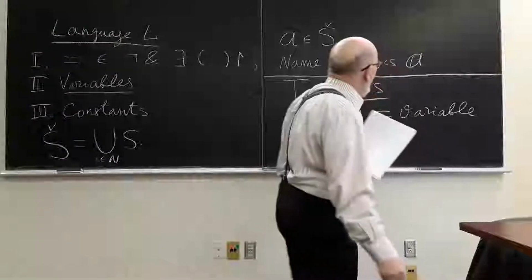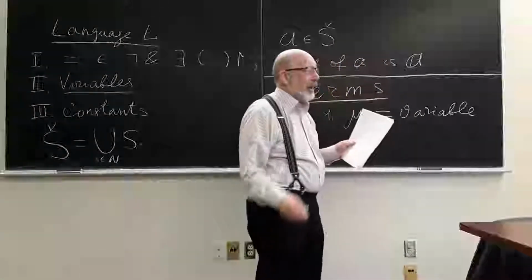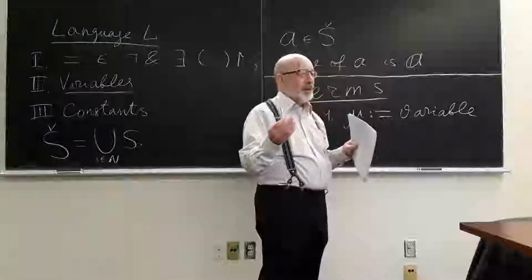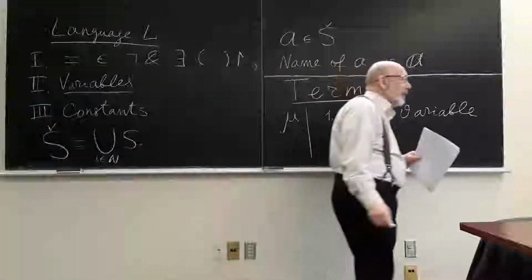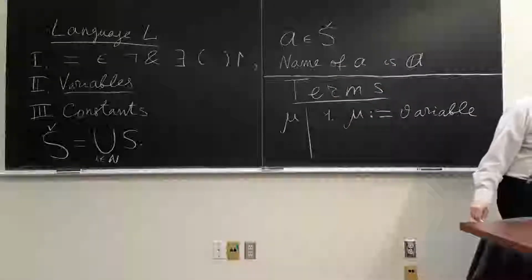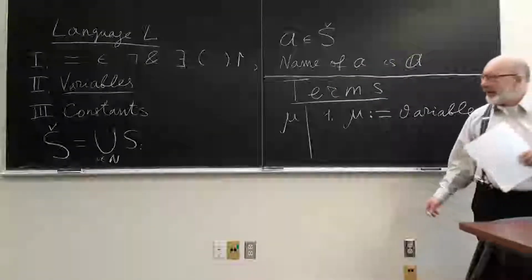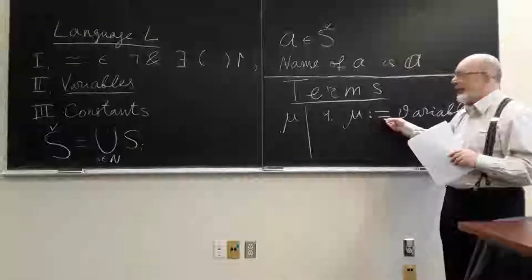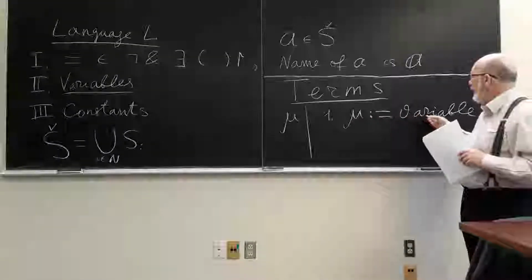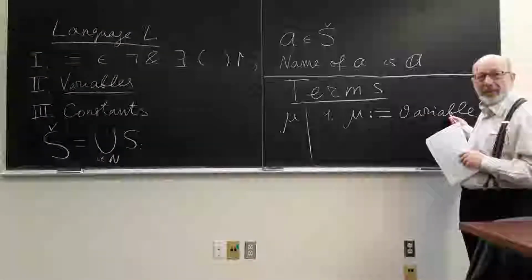So when you write in this second sense, then strictly speaking, you have to use different notation. Yes, and this is different notation. So mu is, by our definition, a variable, any variable.